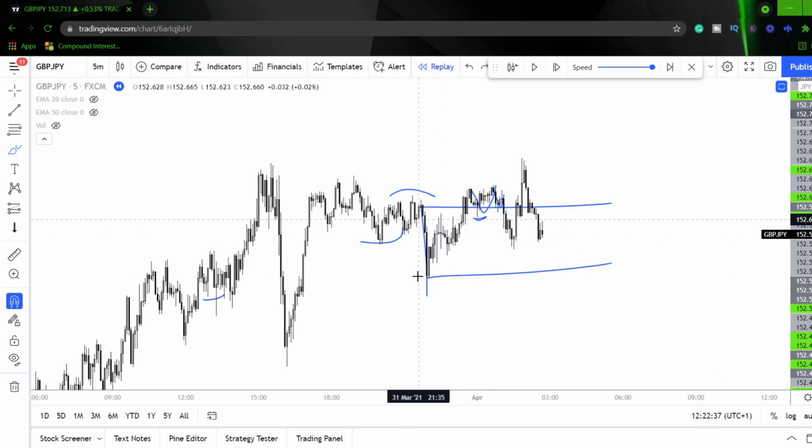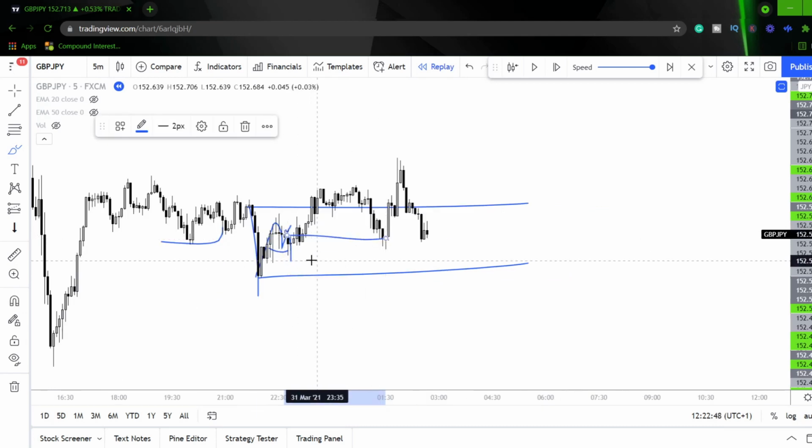Let's just make this a bit clearer. We pushed up, we pulled back, started moving higher, generated liquidity, and then sold through, okay, giving us an order block. Right, we then pushed up, pulled back, generating liquidity, okay, we then sold through, giving us an order block. Right?